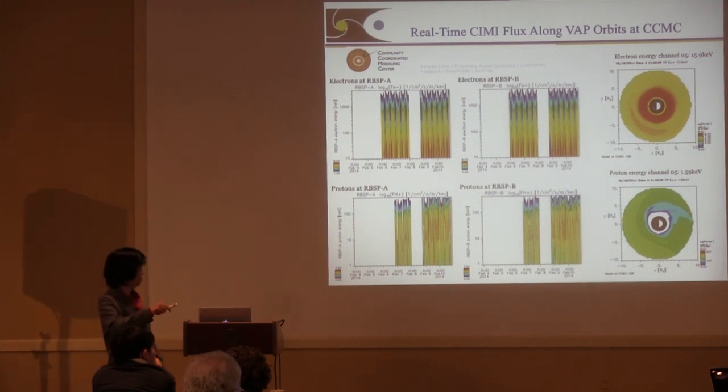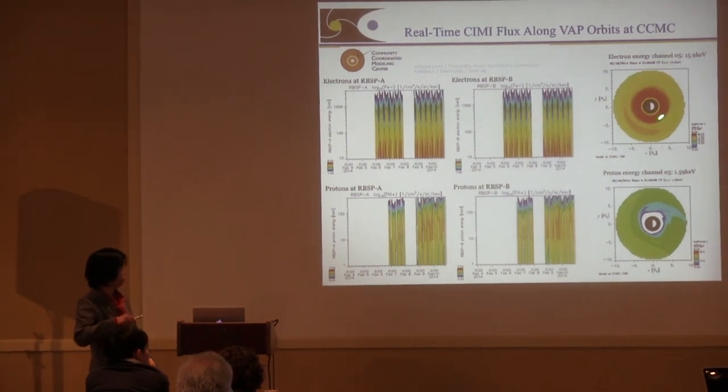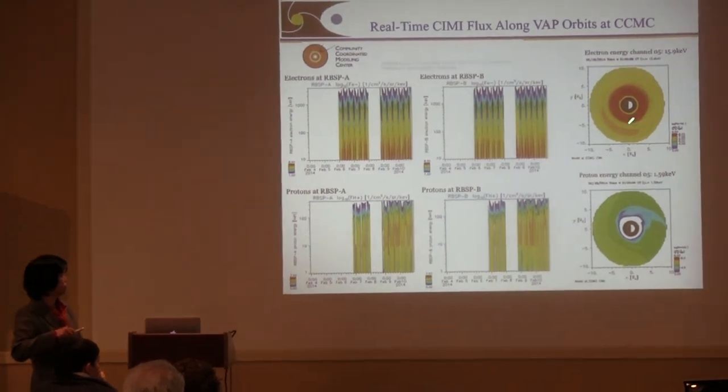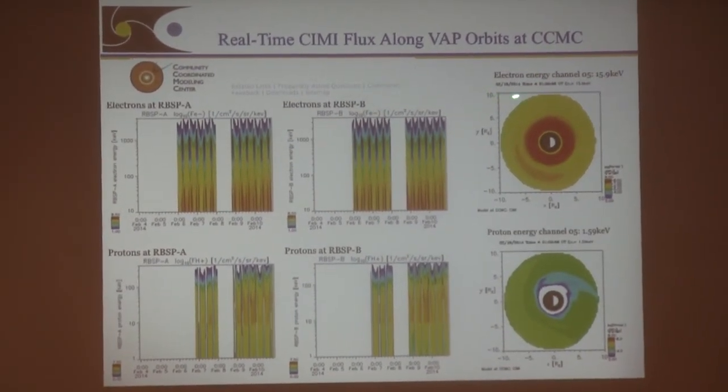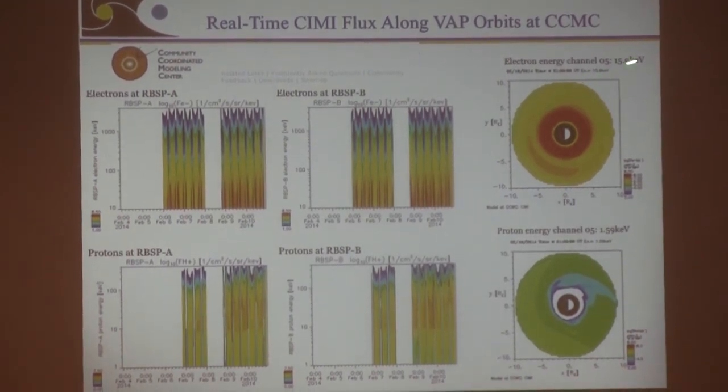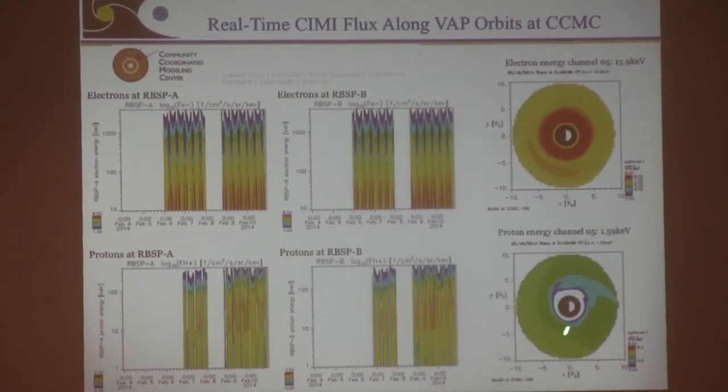So we have the global flux distribution. This is the electron at 15 keV, and this is the low energy ring current ion. We will also provide that on the website, so you can see how CIMI predicts the global distribution of the ion.